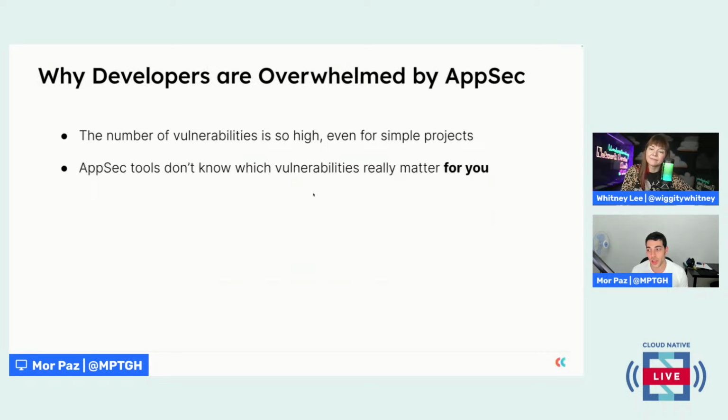And when we add to that the fact that application security tools usually don't actually know which vulnerabilities actually matter for you. So an application security tool usually sees, okay, this is a Git repository, it has this package JSON or requirements TXT file, and these are the packages that this repository and this microservice uses.